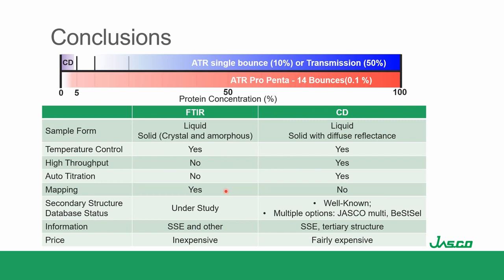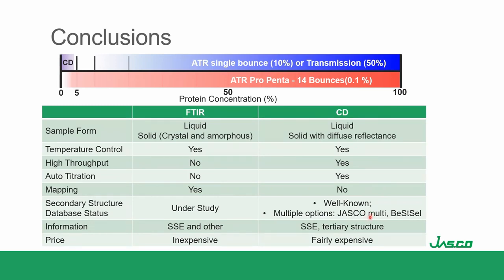Then there's the secondary structure database status for both. The FTIR databases are under study, but as we demonstrated here, it's becoming extremely effective and is a nice orthogonal analysis method in comparison to traditional CD. On the CD side, one of the things to note is that there are multiple options for analysis.